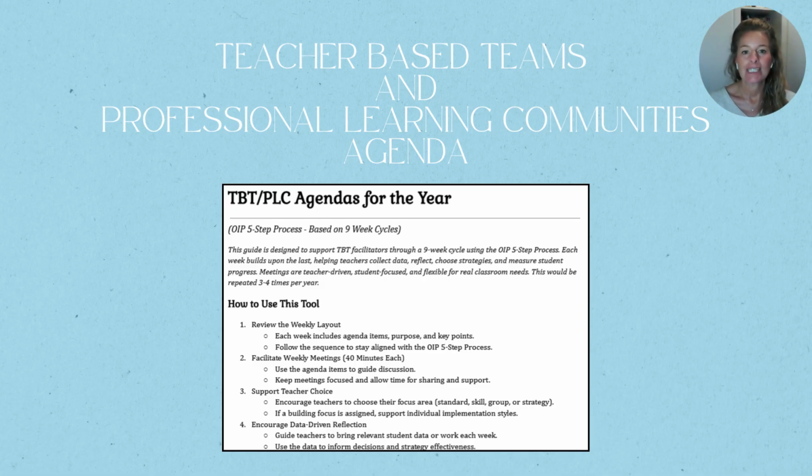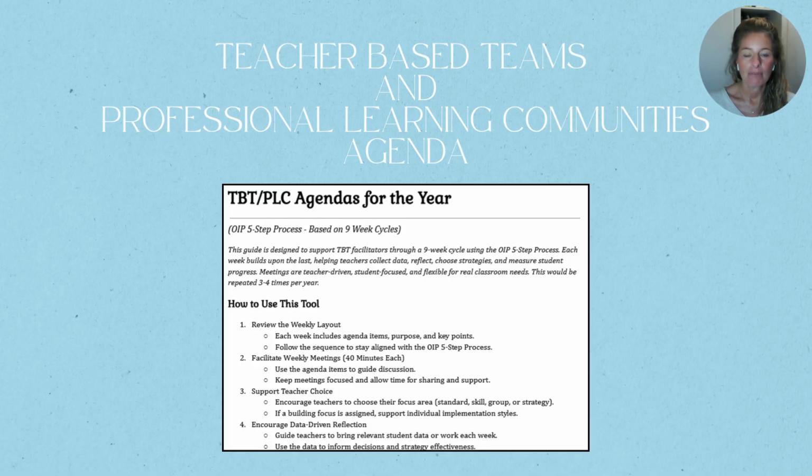Finally, let's take a look at the teacher-based team or professional learning community agenda for the year. This is a bonus included if you're a team leader or a department chair. This could save you hours of work. The system walks your team through a 5-step planning cycle focused on data, reflection, and collaborative decision-making.